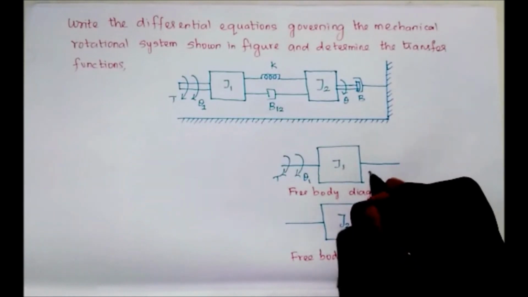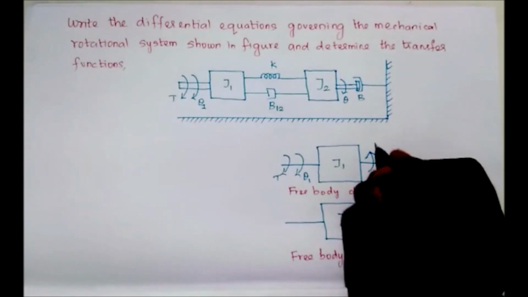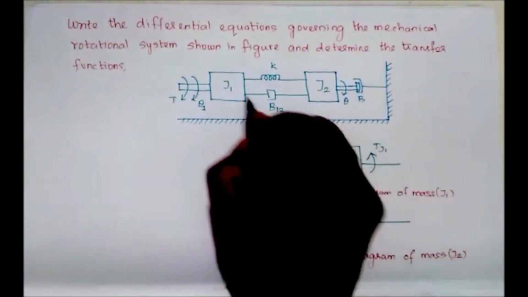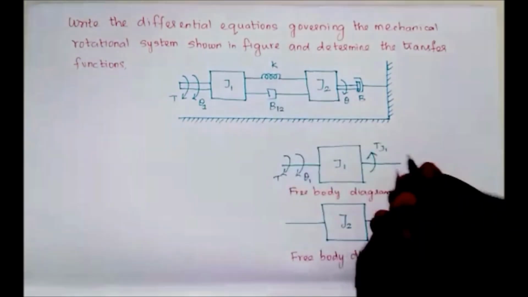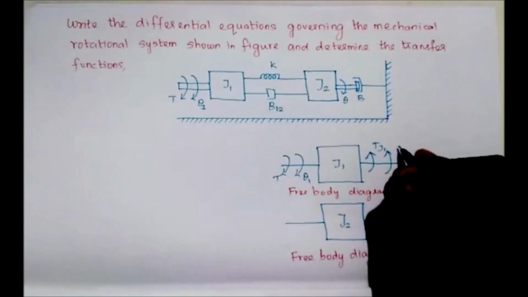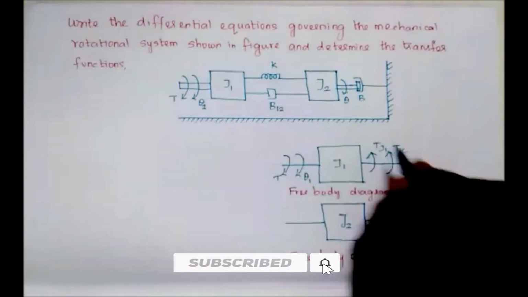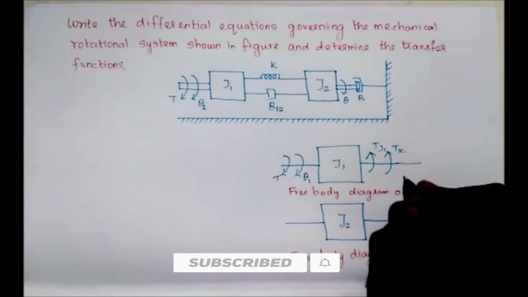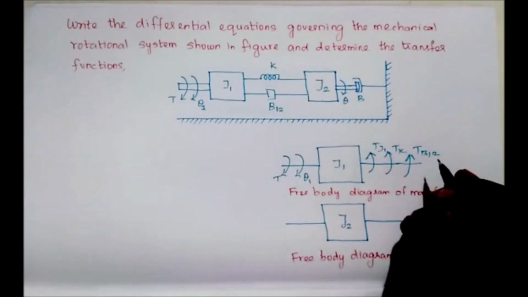One is due to its own moment of inertia, Tj1, then the opposing torque due to this spring element, Tk, then the opposing torque due to this dashpot, Tb12.